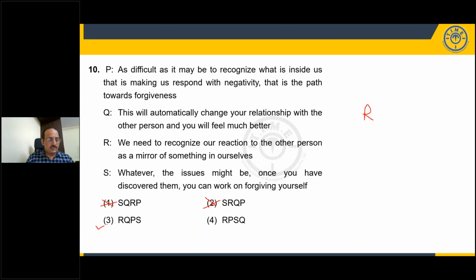And in 3 and 4, both of them, PS is a group. So I don't need to worry about that. I need to figure out the position of Q now. So this will automatically change your relation with the other person and you will feel much better. So what is it, this? Is it R or is it this thing?